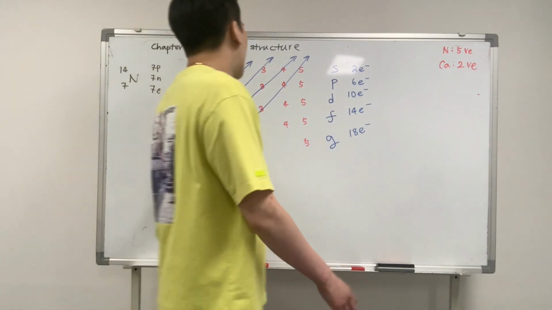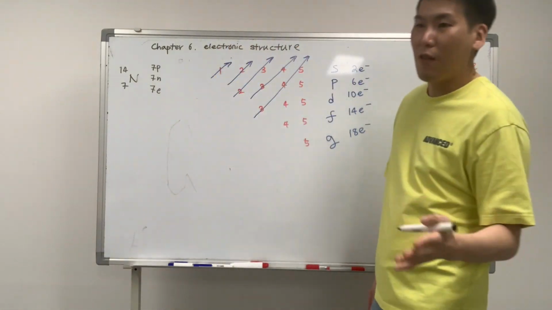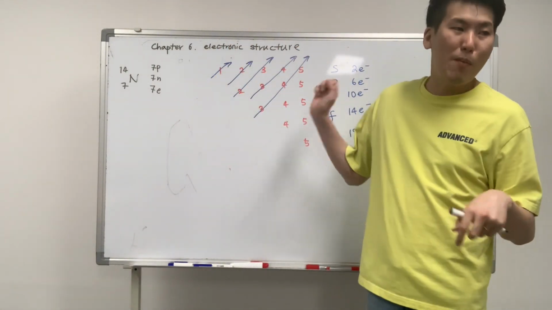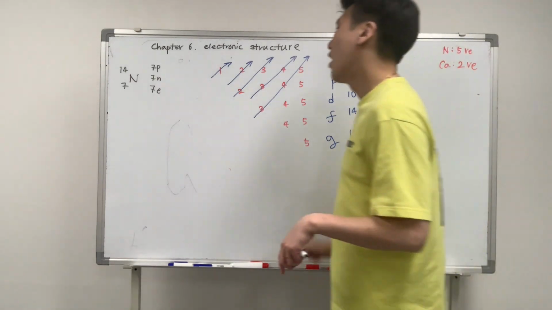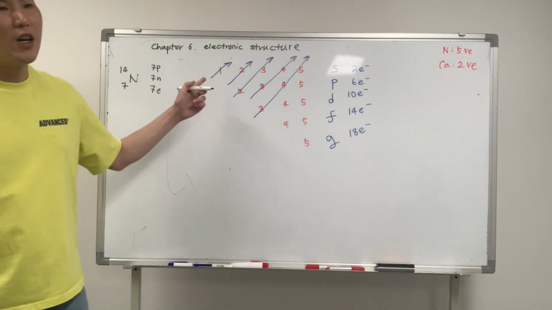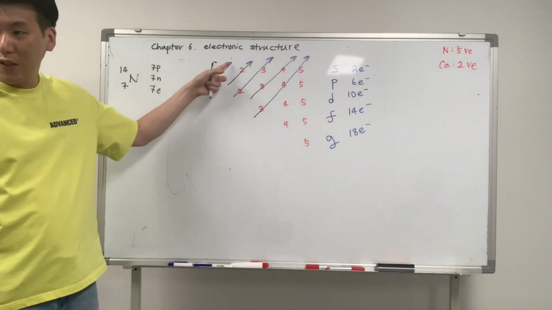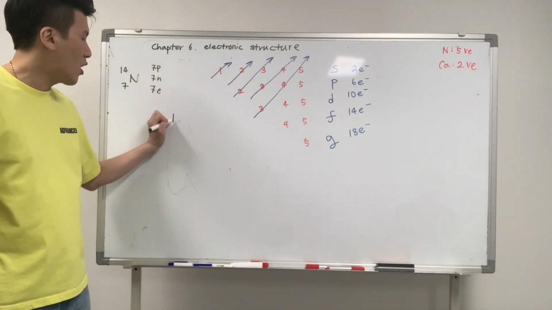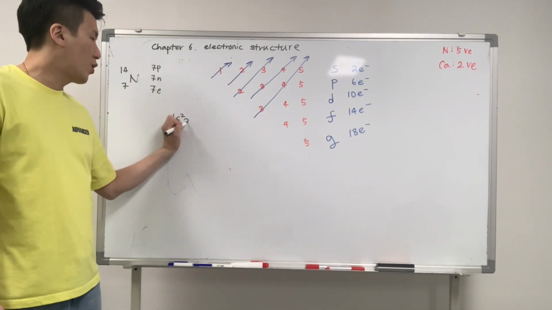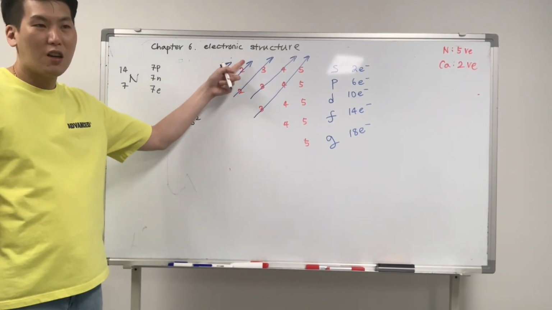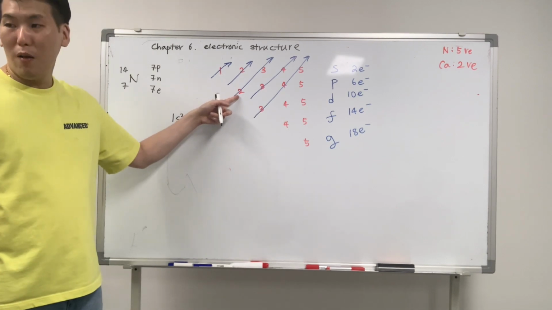So let us apply this. It's called electronic structure or electron configuration. What I'm about to write is called electron configuration. 7개까지 채우는 거야. Start with this, okay? That's 1s2, clear? Next one is 2s2, clear? Next one starts from the p row.